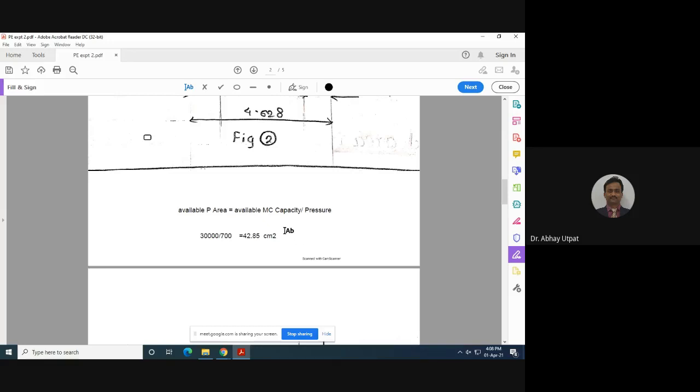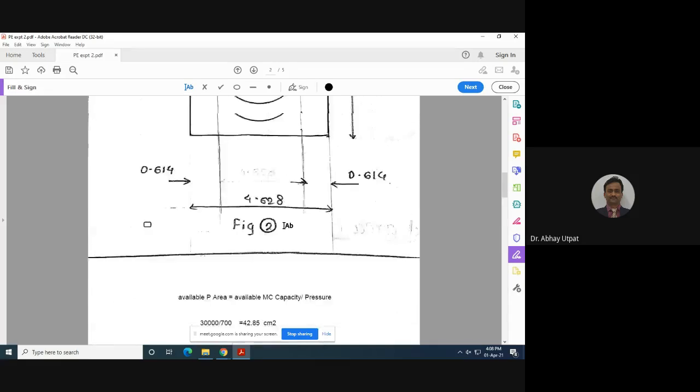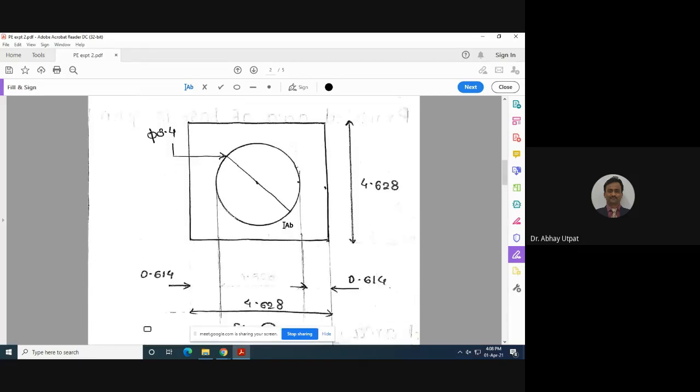I will show the figure number 2. Refer to figure number 2. I have shown 4.628 by 4.628. You will ask, from where does this 4.628 come? I repeat once again, we have 42.85 centimeter square projected area.